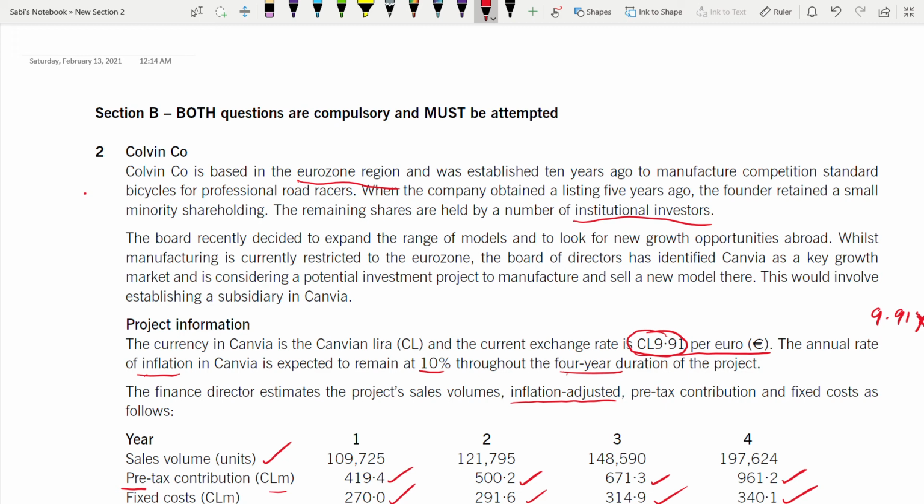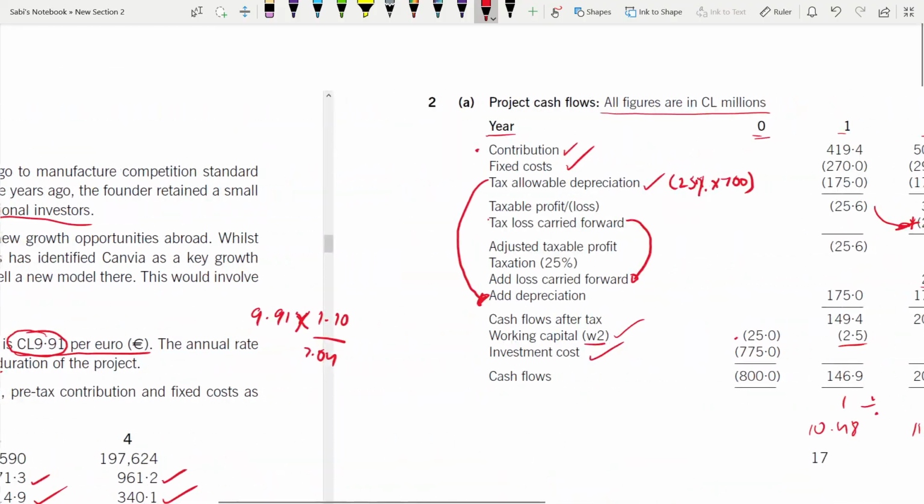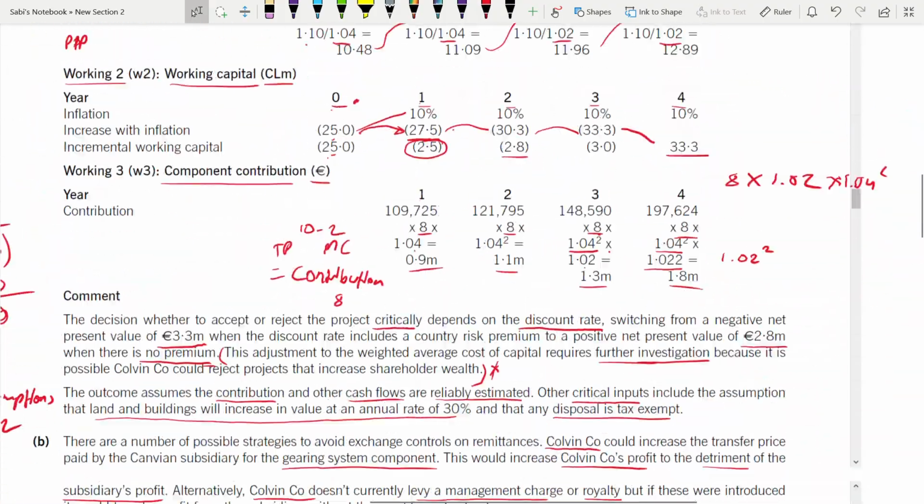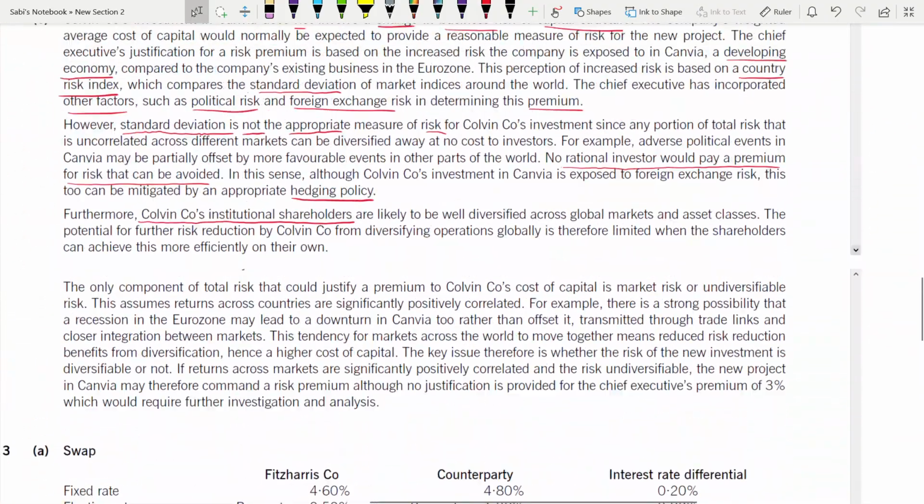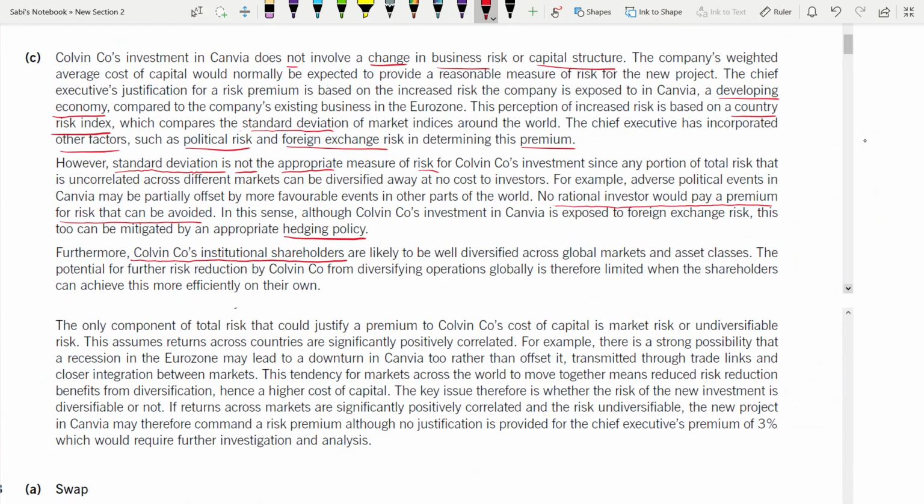That is, the remaining shares are held by a number of institutional investors. Institutional investors are not small, they are very big shareholders. So they are talking about it. So the institutional shareholders are likely to be well diversified across global markets.